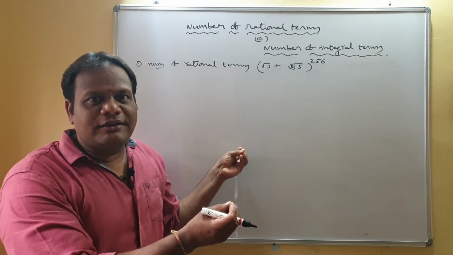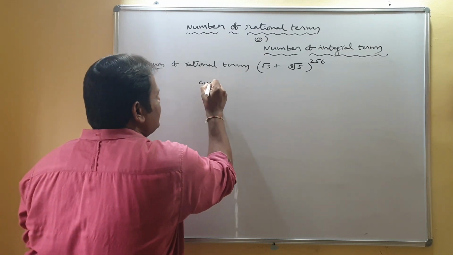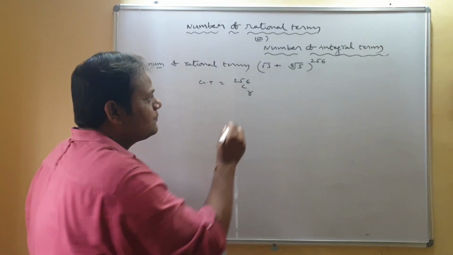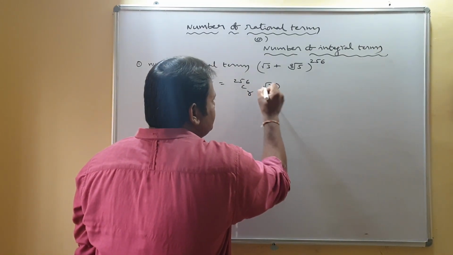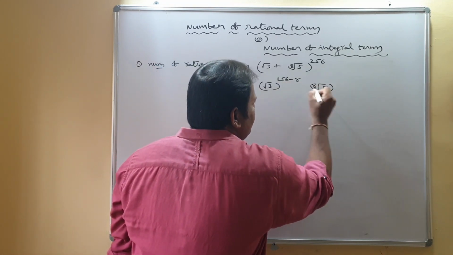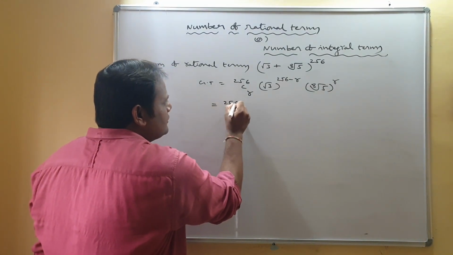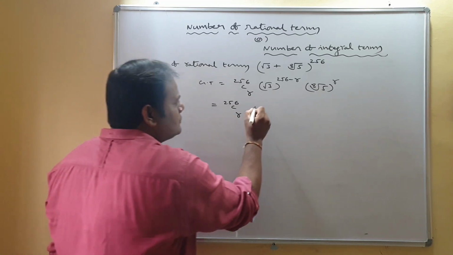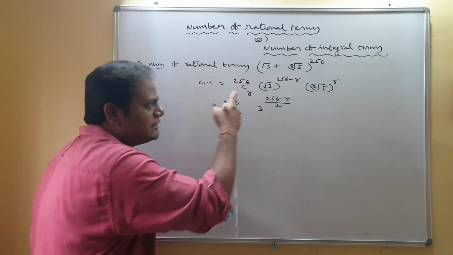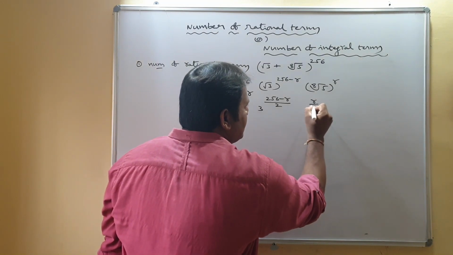So first we find the general term in this expansion. What is the general term? It is 256CR, that is nCr, root 3 power 256 minus R, (8th root of 5) whole power R. If you simplify it, you get 256CR 3 power (256 minus R) by 2, since root 3 is 3 power 1 by 2, and 5 power R by 8.